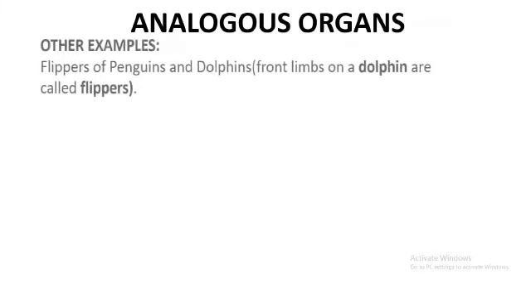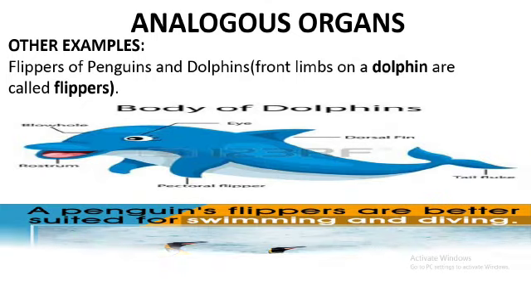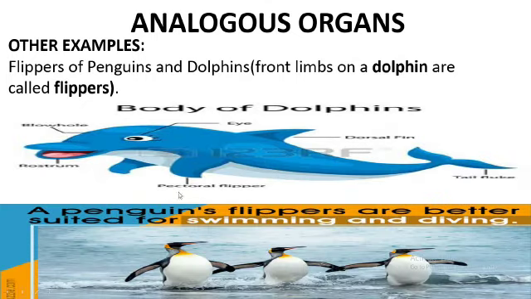Likewise, another example is flippers of penguins and dolphins. What are flippers? The forelimbs or front limbs of a dolphin are called flippers. Likewise, the forelimb of a penguin is called a flipper. Both of them have almost the same function, they are used for swimming or diving, but structurally they are different.